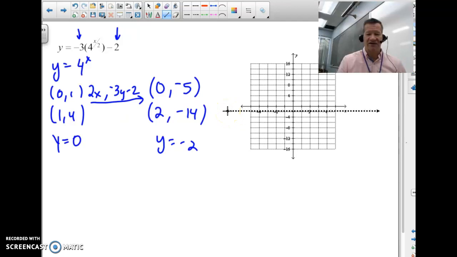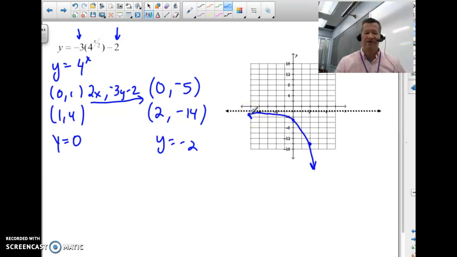I've got a scale of -2, so that's the first line. And then my points are 0, -5, which would be between 4 and 6, and 2, -14, which would be way down here. And I'm going to decrease again, another decreasing graph. It's going to come through like so. And there you have it, pretty simple.